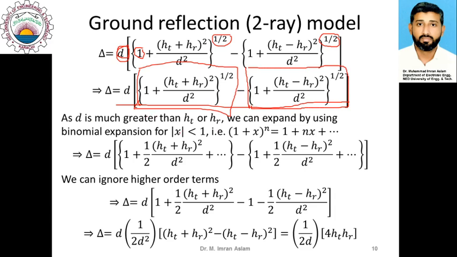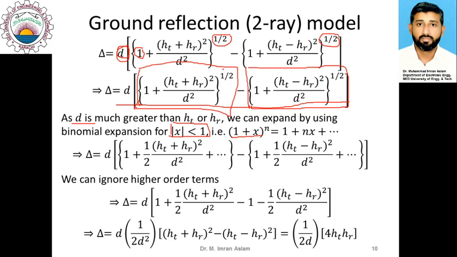You must remember that the binomial expansion of this sort, 1 plus x raised to power n, requires that the modulus of x should be smaller than 1, which is a valid condition here, because for most cases our distance is much greater than ht or hr. So dividing ht plus hr with d would give a value which is smaller than 1. Similarly, dividing ht minus hr with d would give a value which is smaller than 1.